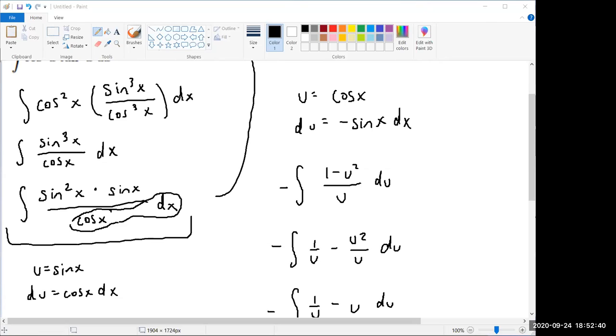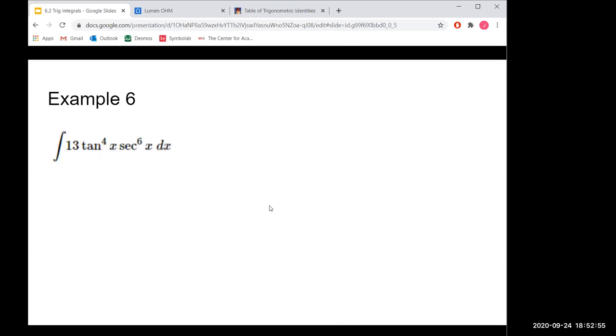Okay, we have one last question, and then that'll be the end of the section. So why don't we take a look at the last one? Here we go.